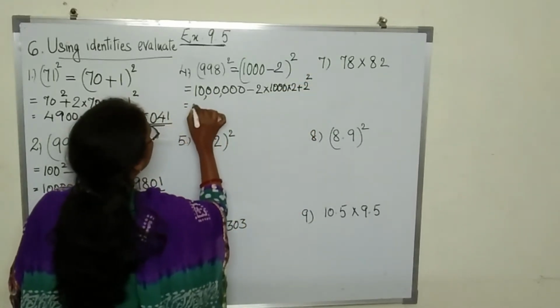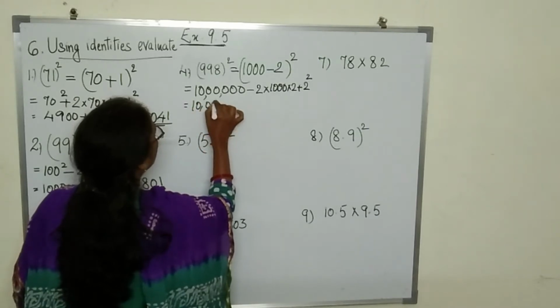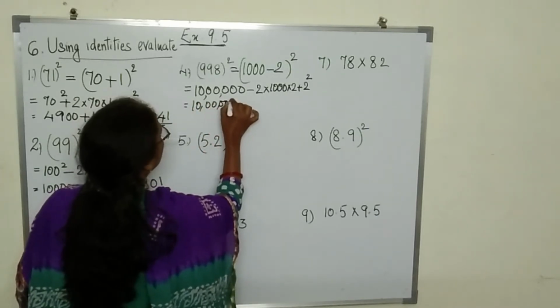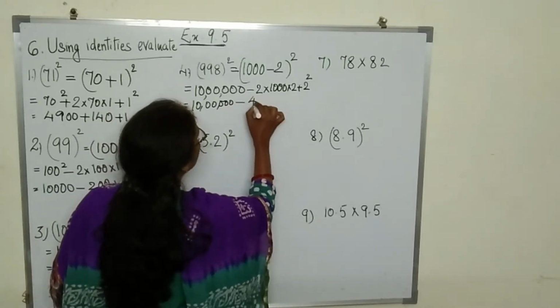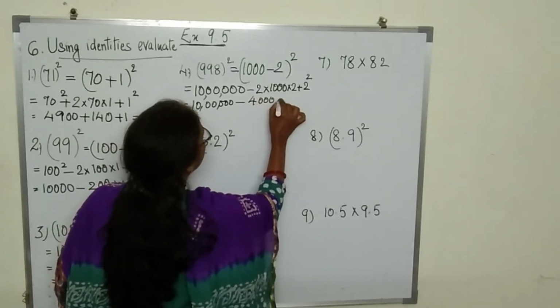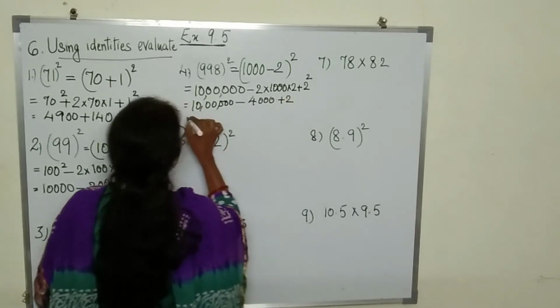Which is equal to 10 lakh minus 2 2s are 4,000 plus 2 square, which is equal to 4.